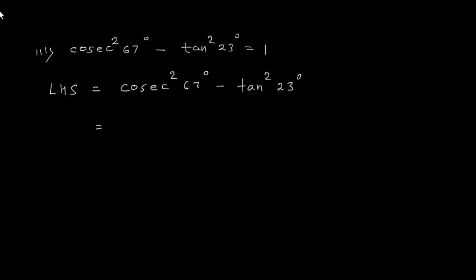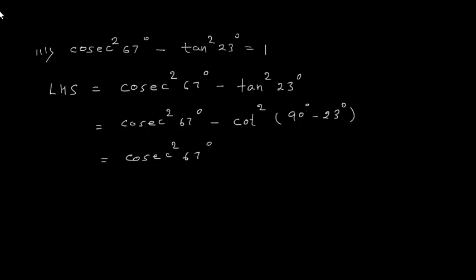So this is equal to cosec square 67 degree minus, this tan I will convert in cot. So I will write this as cot square (90 degree minus 23 degree), since tan theta is cot (90 minus theta). So this is cosec square 67 degree minus cot square 67 degree. Cosec square theta minus cot square theta is 1.